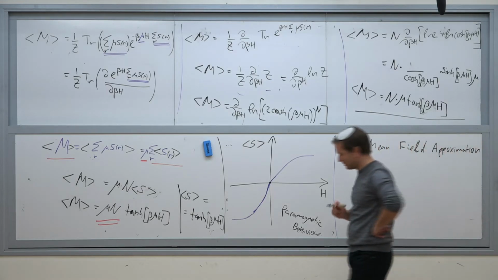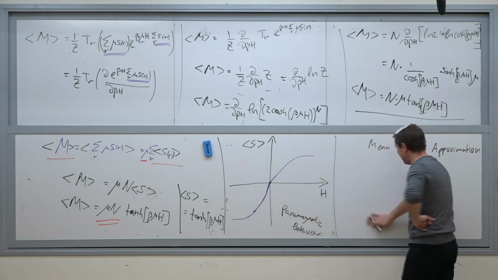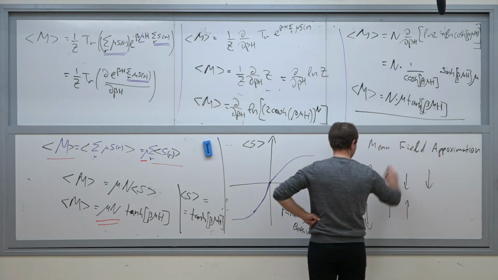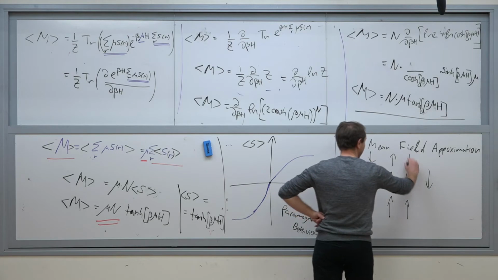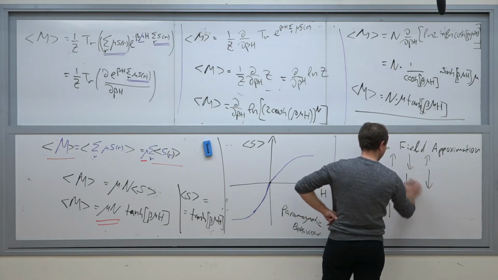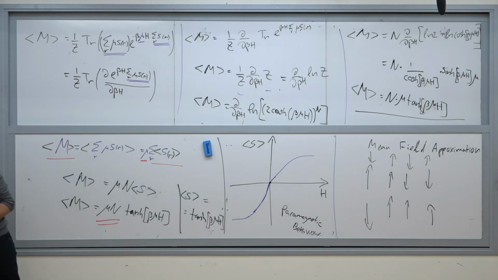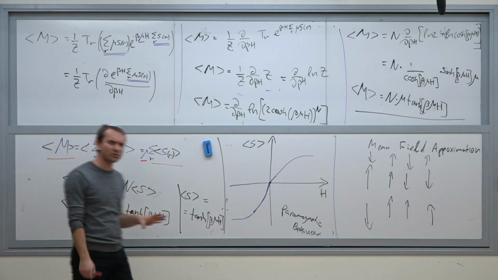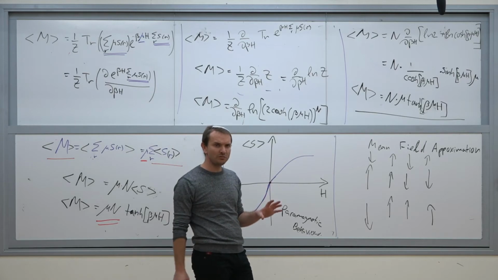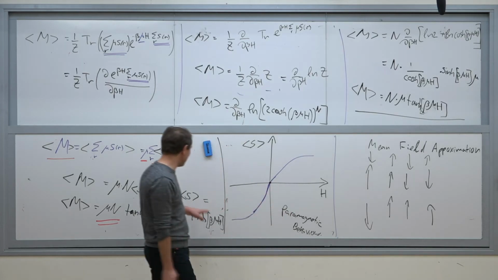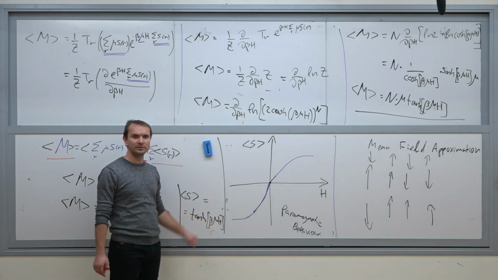What I mean by this, let's think that I have a lot of particles, a lot of spins in the system. Now, I know if there is no interaction, the spins don't care about each other, and they only care about the external field.